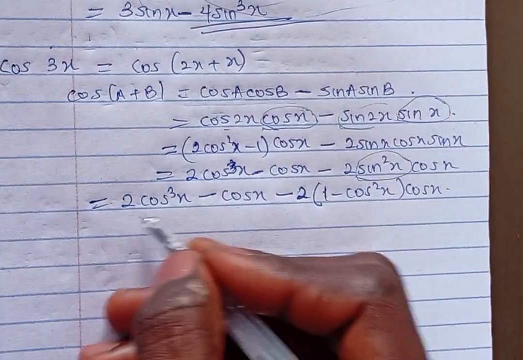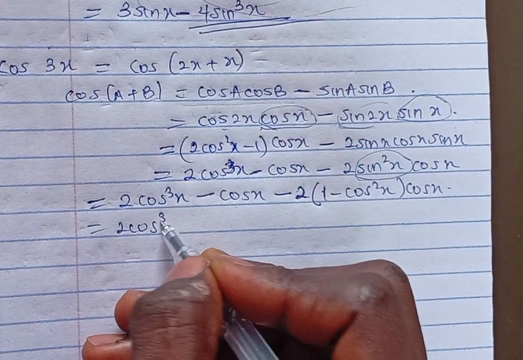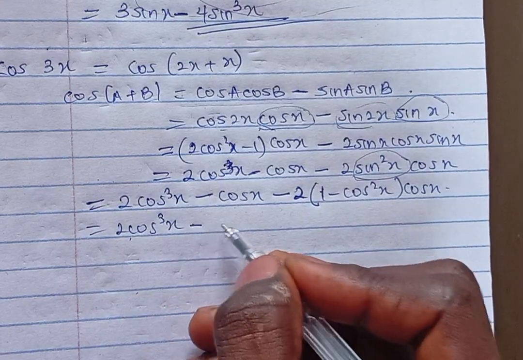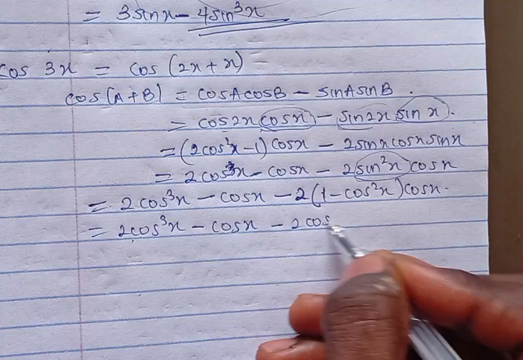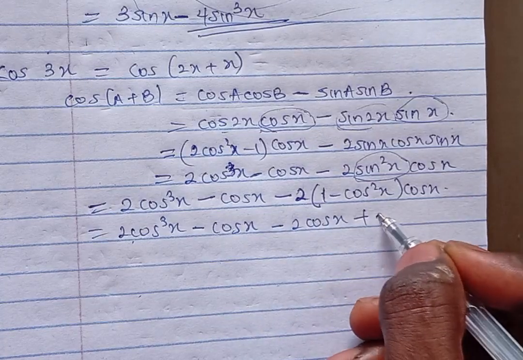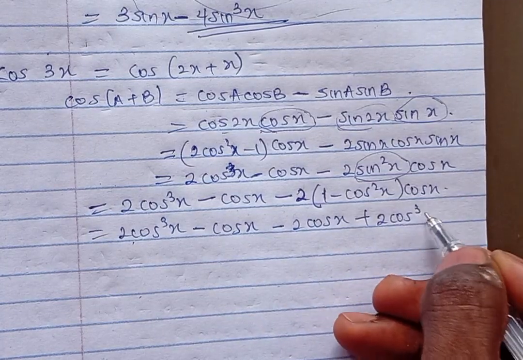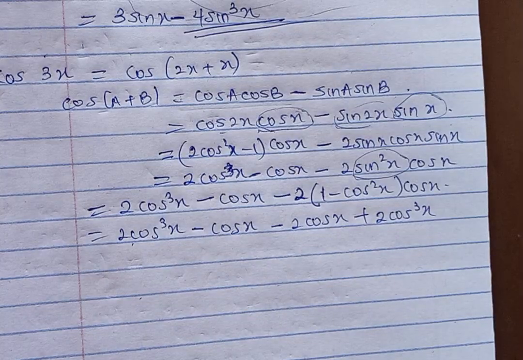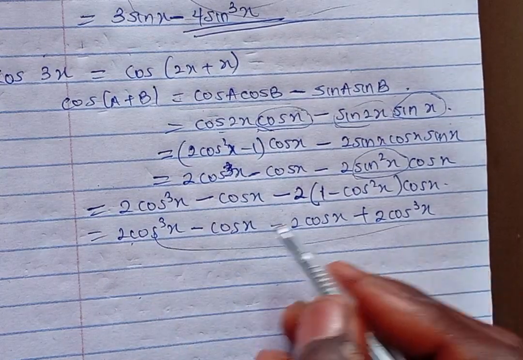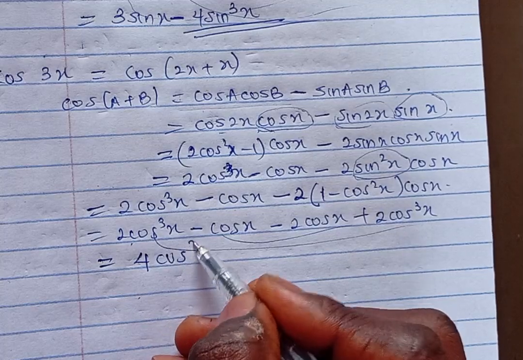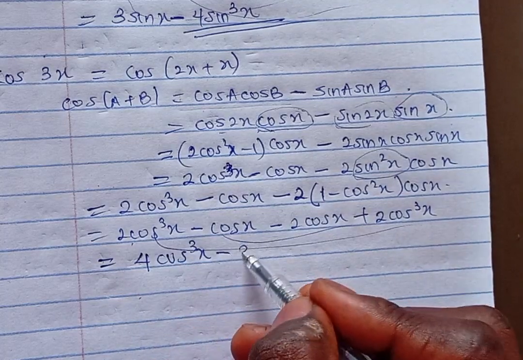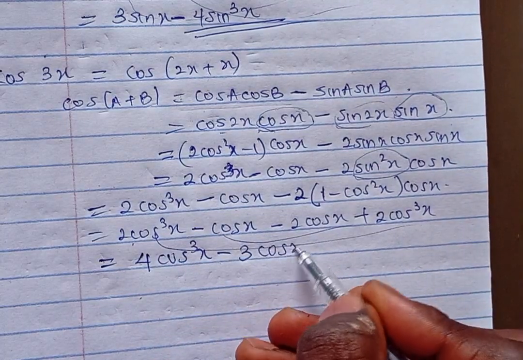So I can simplify this one by saying that 2 cos cube x minus cos x minus 2 cos x plus 2 cos cube x. So the final solution for this one, because this one can be added, this one can also be added, you will get 4 cos cube x minus 3 cos x.